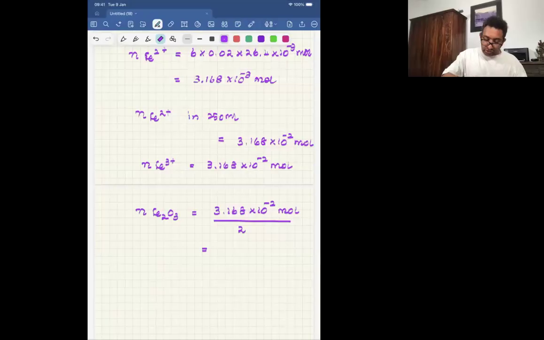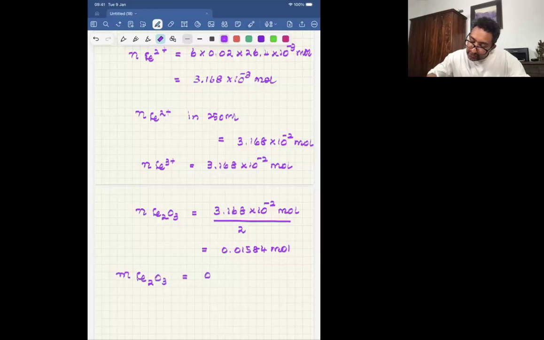3.168 times 10 to the power minus 2 divided by 2 is equal to 0.01584 moles. That is the number of moles of Fe2O3. What is the mass of Fe2O3? It is 0.01584 moles multiplied by the molecular mass of Fe2O3.